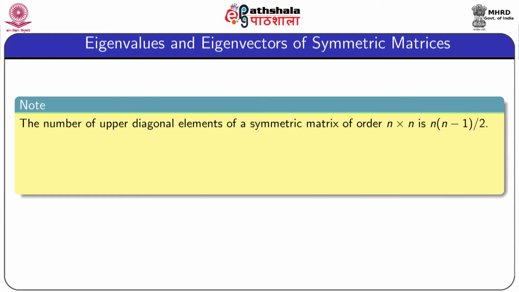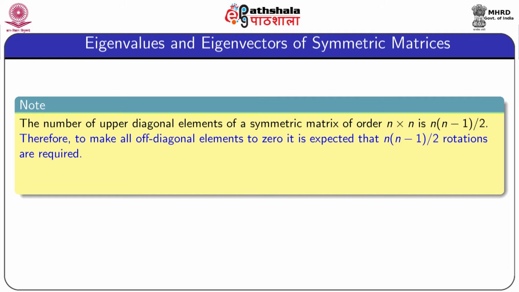The number of upper off diagonal elements of a symmetric matrix of order n by n is n into n minus 1 by 2. It is obvious the number of lower off diagonal elements is also n into n minus 1 by 2. Therefore, to make all off diagonal elements 0, it is expected that n into n minus 1 by 2 rotations are required to convert the original matrix to a diagonal one.